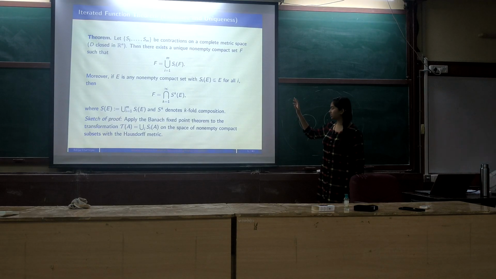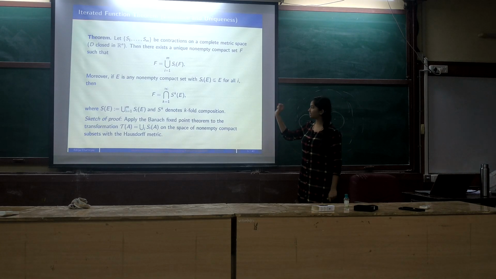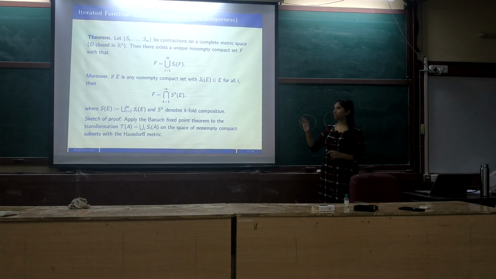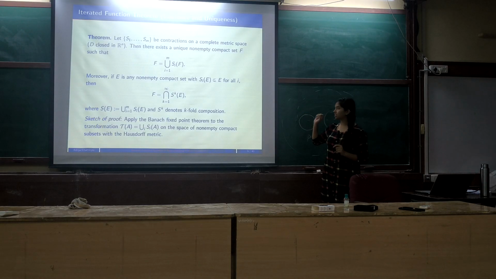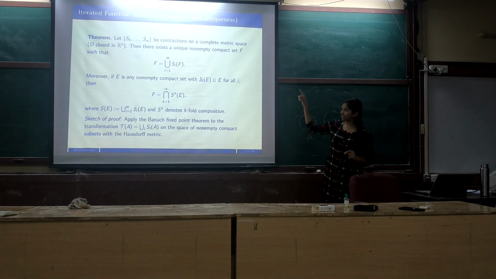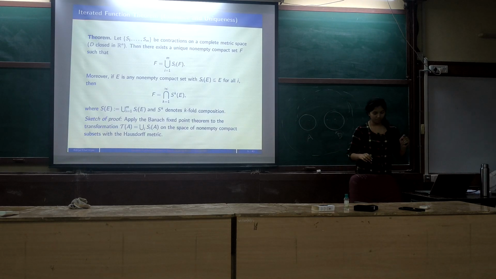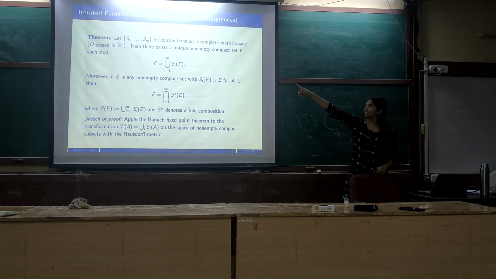So there will exist a unique attractor, and it is given by the following. Take any set E which satisfies Si of E is a subset of E for all i. Whichever map of the IFS you apply to E, the image always stays inside E; it does not escape E. If E satisfies this condition, then the attractor can be computed by taking the intersection over all k of S^k of E. Say your IFS consists of the maps S1 to Sm.